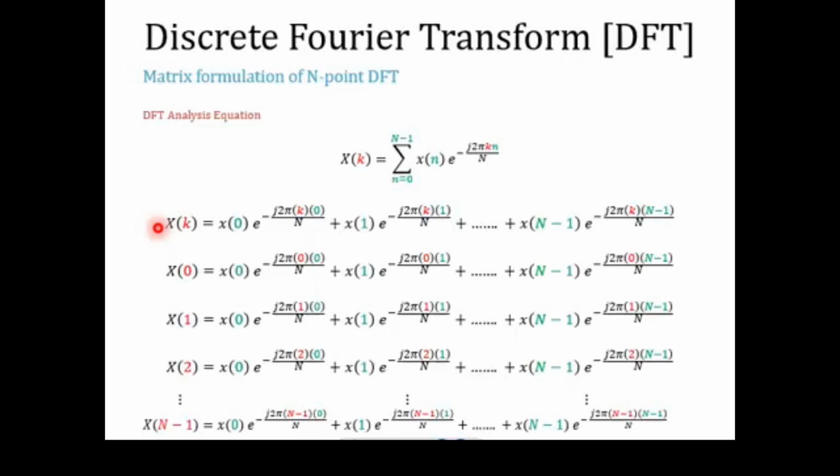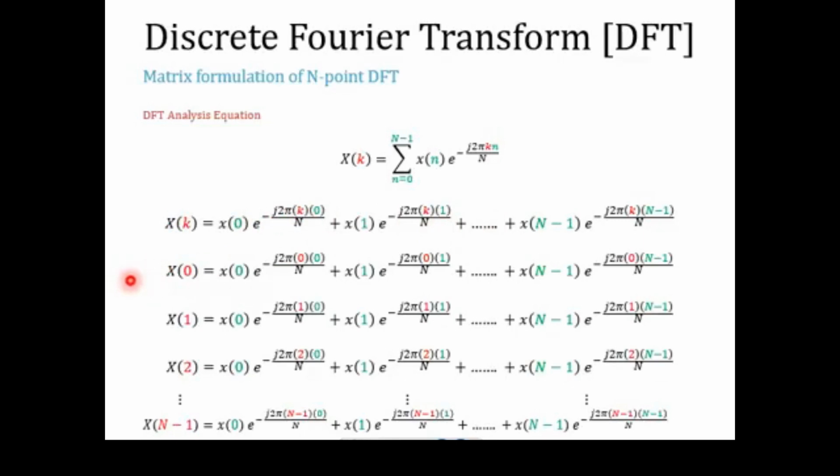Now we are going to put the value of k from 0 to N minus 1 in order to get N number of frequency domain coefficients. On substituting k equal to 0 in this equation, we will get the DC coefficient value.